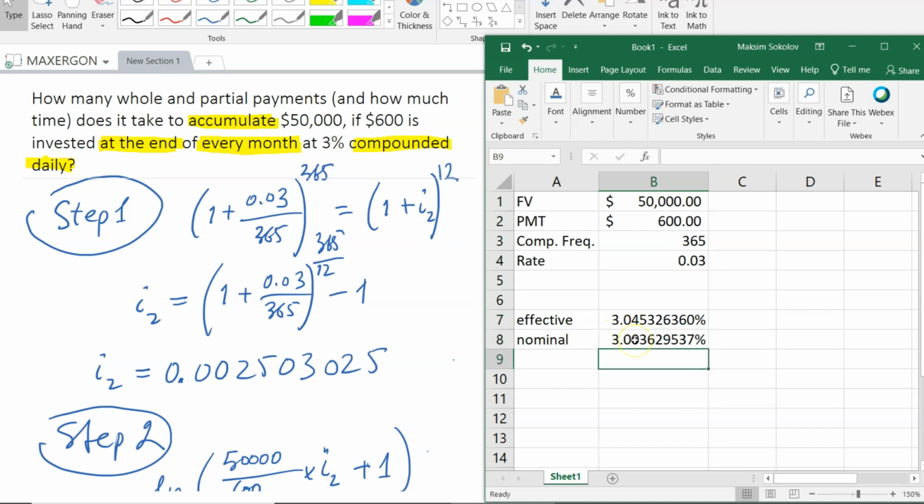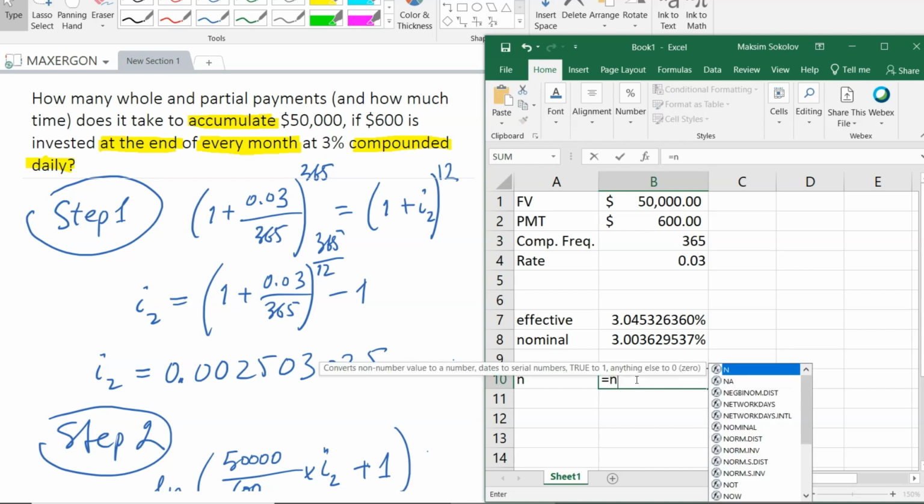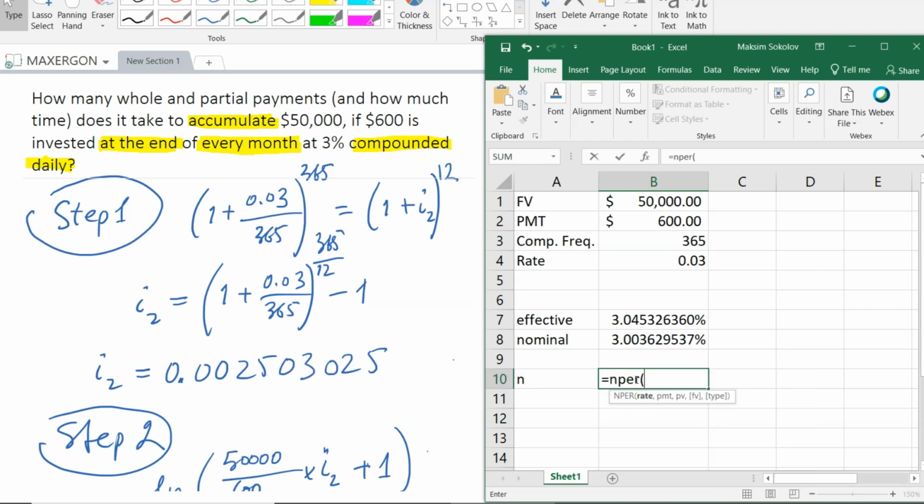Now we'll use this nominal rate to find N, which is the number of payments. In order to find the number of payments, we will use the function NPER, which stands for number of periods. First comes the rate. So we'll use this new rate because remember, this function NPER, like any other function which computes for annuities in Excel, is designed for simple annuities. Do not use this rate, 3% compounded daily, here.